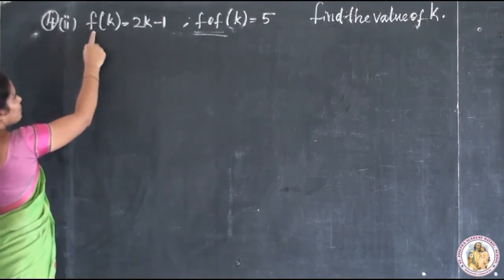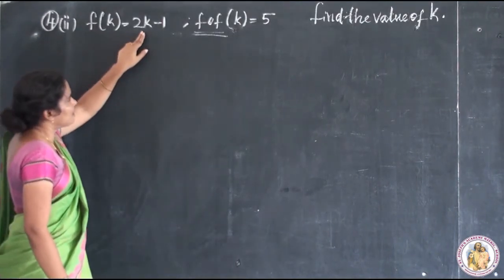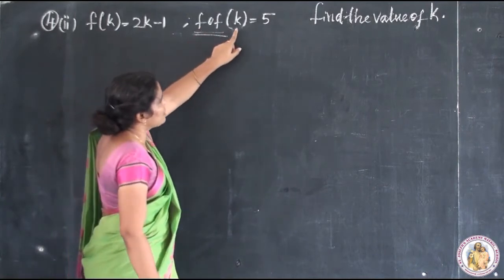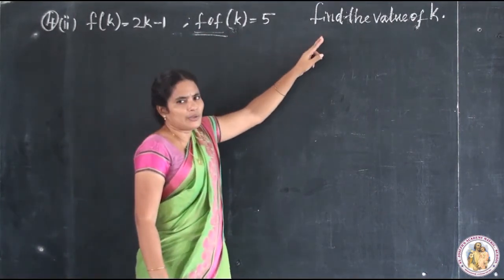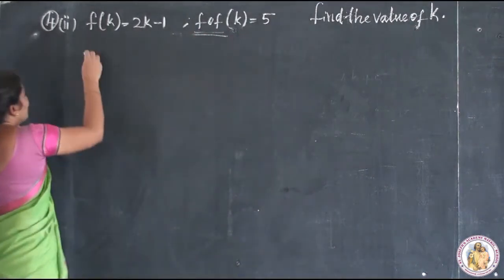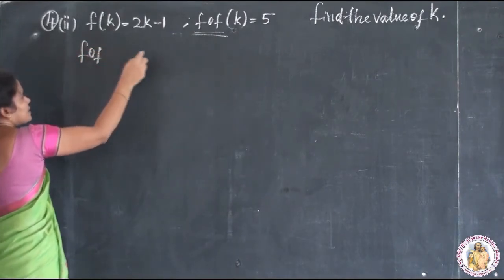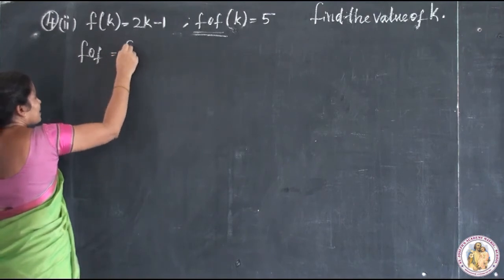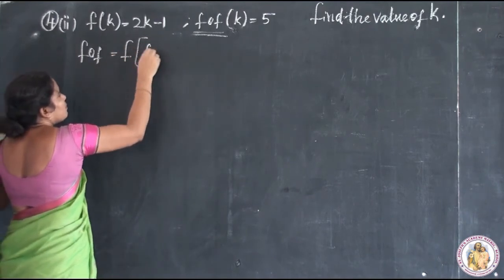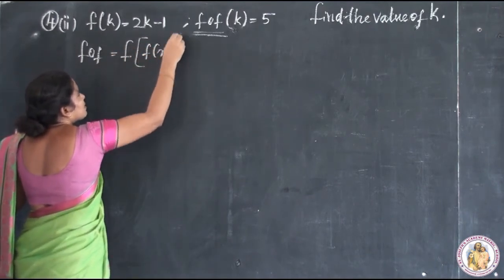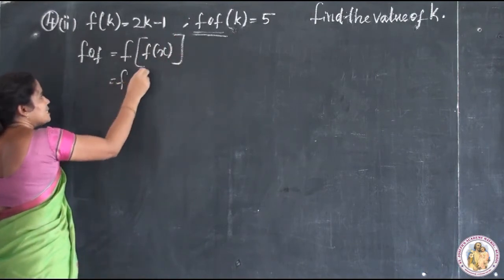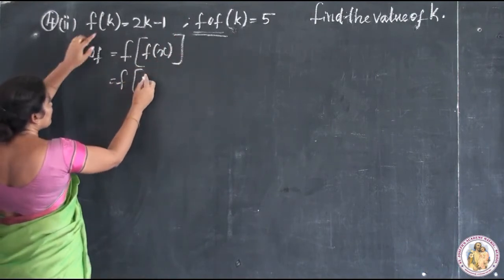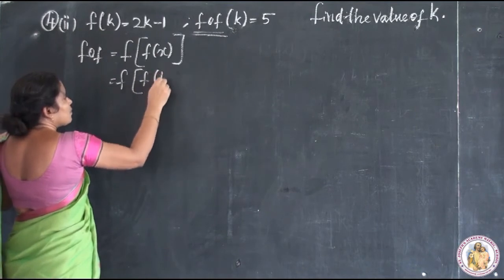Question number 2. f of k is equal to 2k minus 1 and f of f of k is equal to 5. Find the value of k. This is given as f of f, right? f of f is nothing but f of f of x. You can even take it as f of x. So it is given as k. So write f of k.